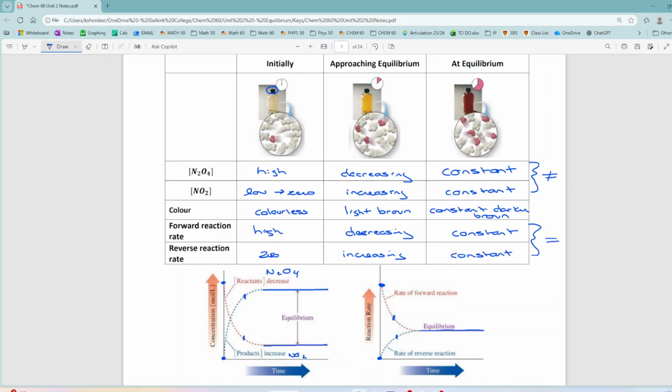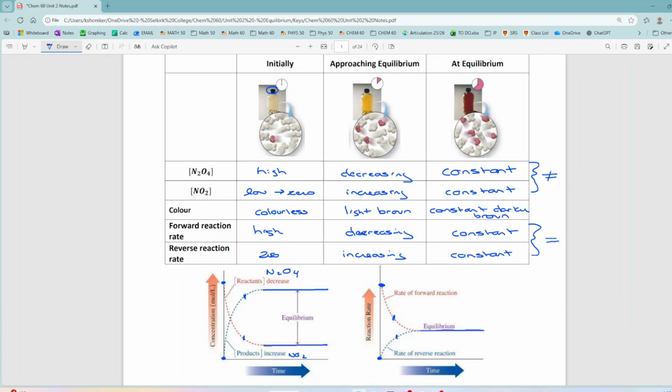Now, this is called dynamic equilibrium because your concentration of your reactants and your products is going to stay constant. It's not going to change. You are making dinitrogen tetroxide from the reverse reaction. You are making nitrogen dioxide from the forward reaction, but the concentrations aren't changing. So as soon as you lose dinitrogen tetroxide, the reverse reaction is making more, right?